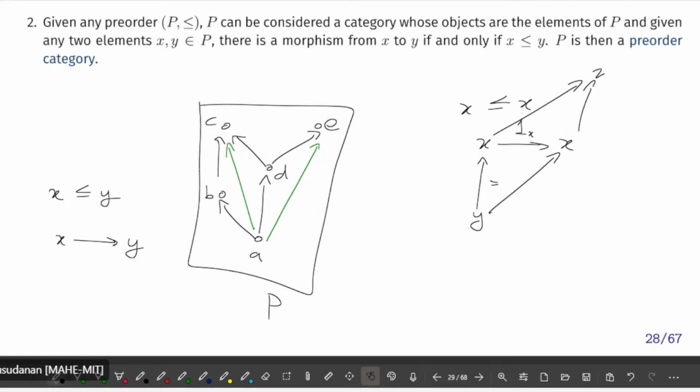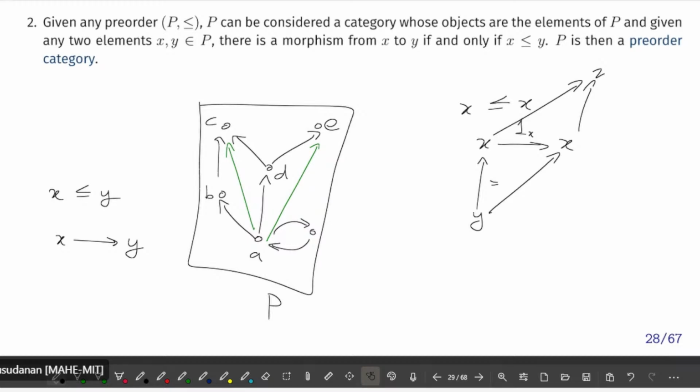There is at most one arrow in an order category. For an ordered pair of objects, there is at most one, in one direction. If you take the order category, if you take any pair of objects, there is at most one in one direction. I can add, oh, not a problem, it's an order.